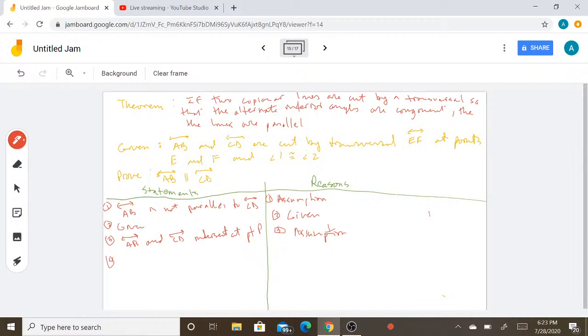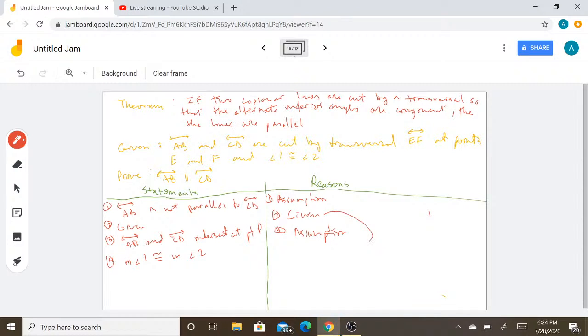And if these lines intersect, then the angles 1 and 2 would not be congruent, but we're given that they're congruent. So we know that the measure of angle 1 is congruent to the measure of angle 2.